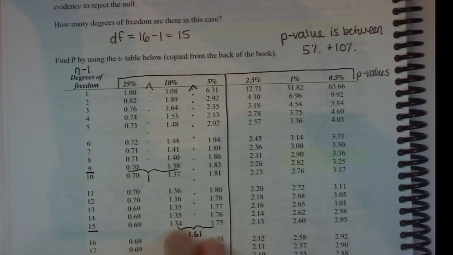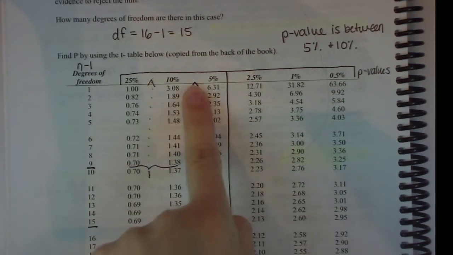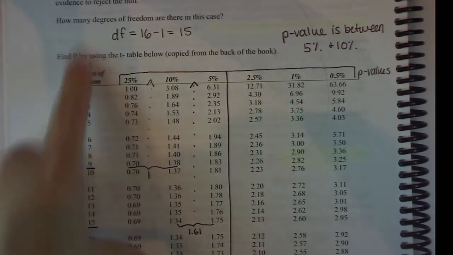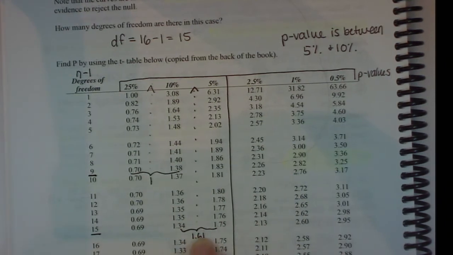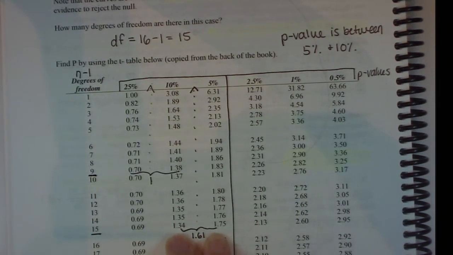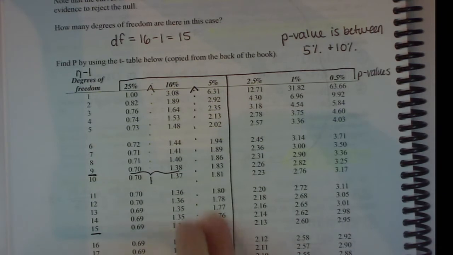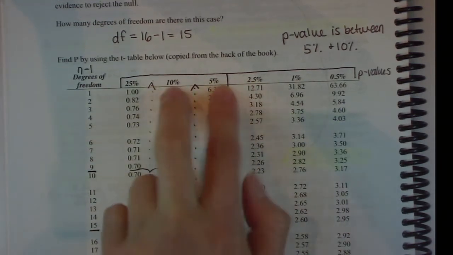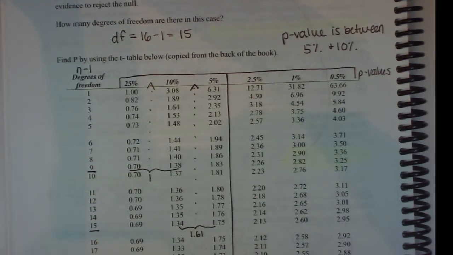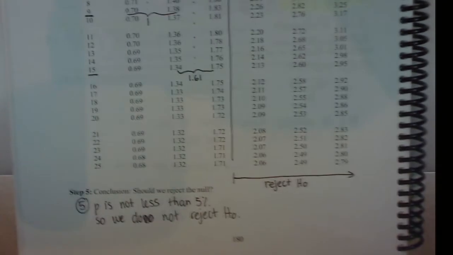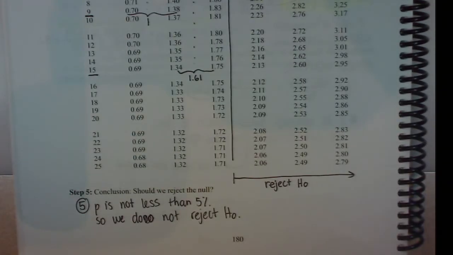You can find 2 that are in between yours, or that yours is in between, and then your p-value is going to be up here. So I said, okay, 15 degrees of freedom, T is 1.61, that's between 1.34 and 1.75, and then my p-value is going to be between 5 and 10%, which all I really care about is is it less than 5 or not? So we said P is not less than 5 because it's between 5 and 10%.